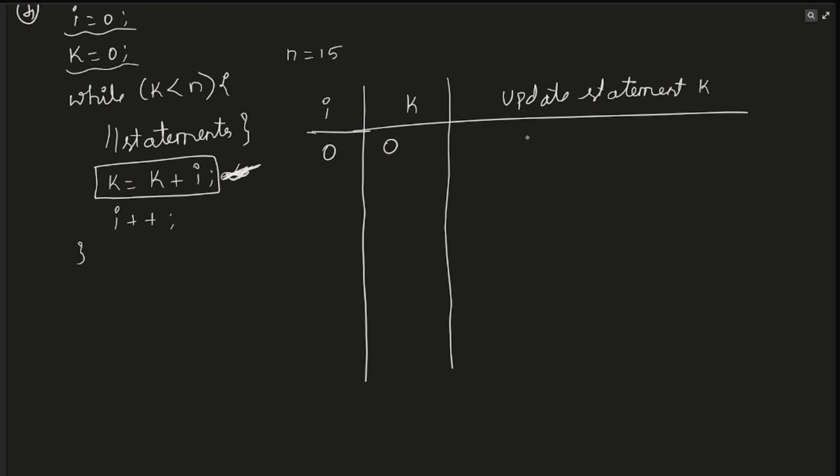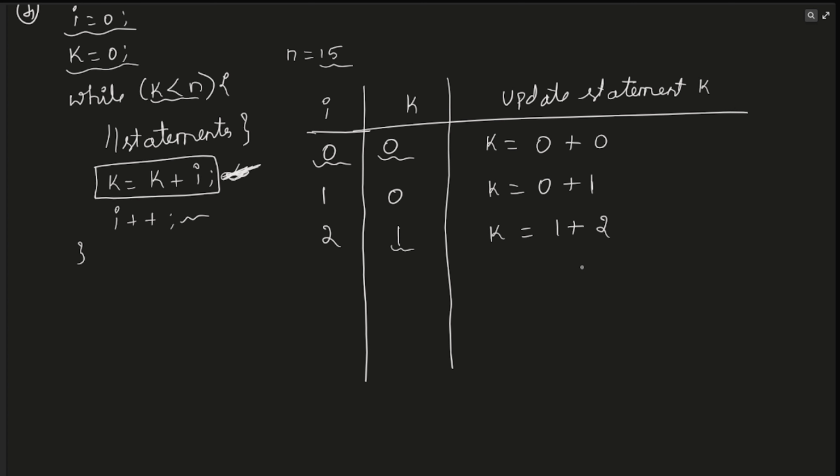Now the condition is checked. 0 less than 15, yes. So update k, take current value of k and add i to it. Now i gets incremented to 2. Current value of k is 1. 1 is less than 15. So k value gets updated by taking the current value of k and adding i to it.